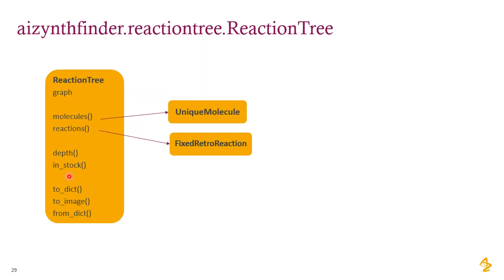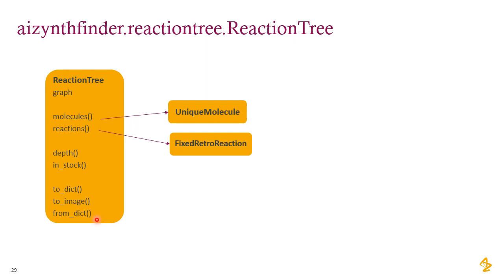It also has a few convenience functions for looking up the depth of some node in the tree and whether a node is in stock, and you can export this into a dictionary that you can save as a JSON, for instance, or as an image. But you can also read it from a dictionary structure. This is a way to serialize it.